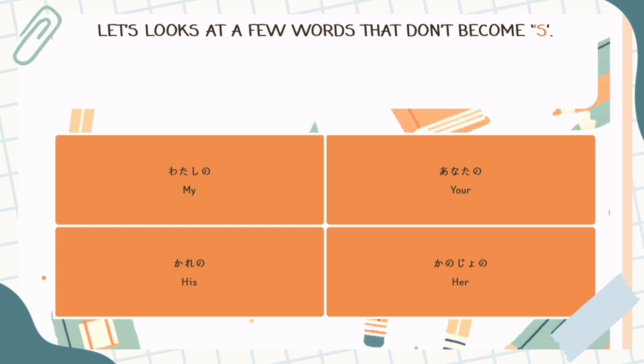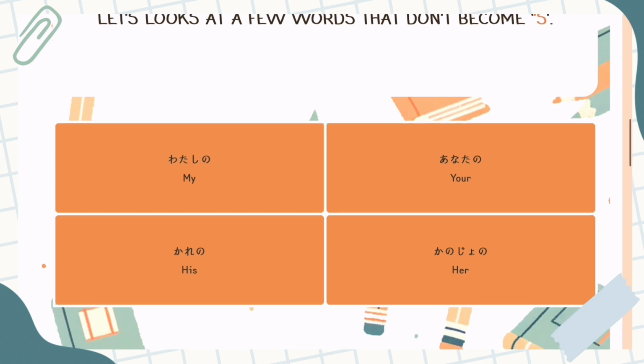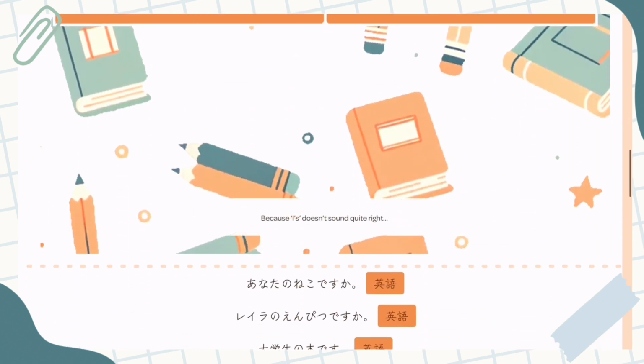Anata no, your. We don't say you's, we say your. Kare no, his. We don't say he's, we say his. Kanojo no, we don't say she's, we say her. Because she's just doesn't sound quite right when we try and translate it.